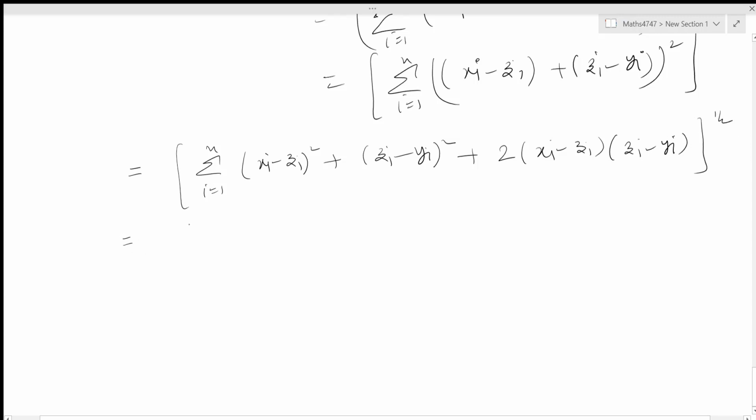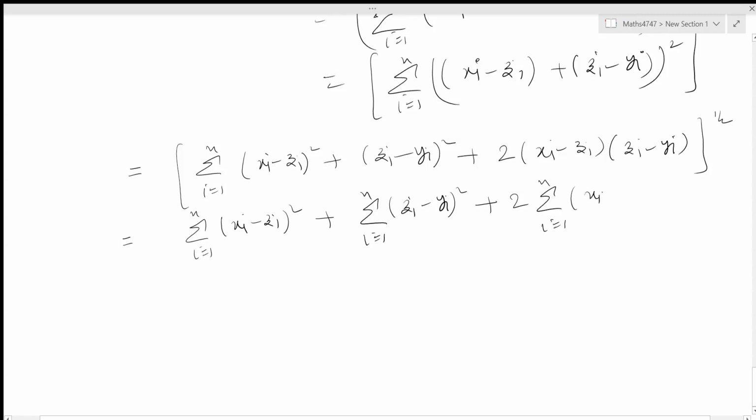Now we can operate the summation individually: the summation of (xi minus zi) square plus the summation from i equals 1 to n of (zi minus yi) square, and twice the summation from i equals 1 to n of (xi minus zi)(zi minus yi), and whole to the power half.